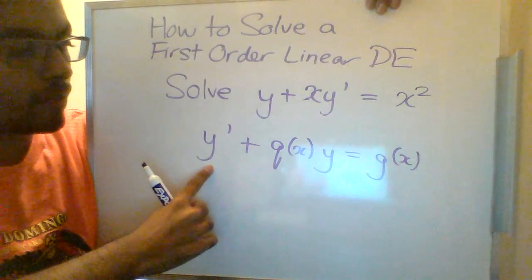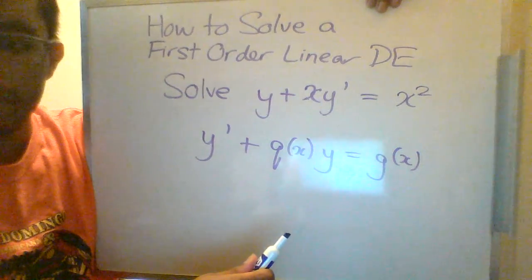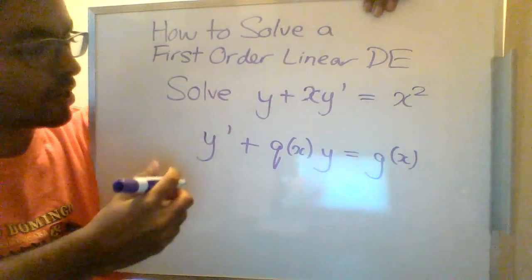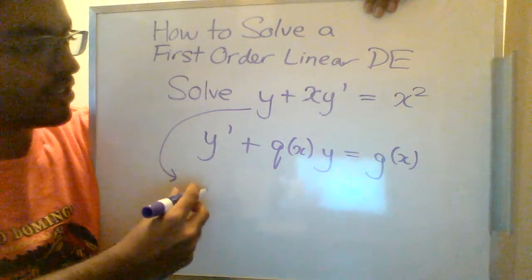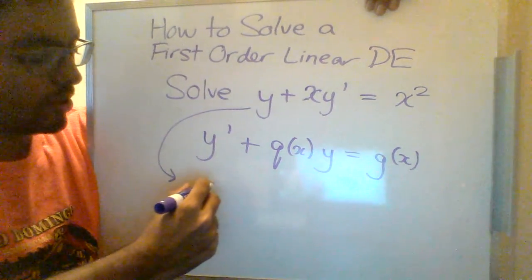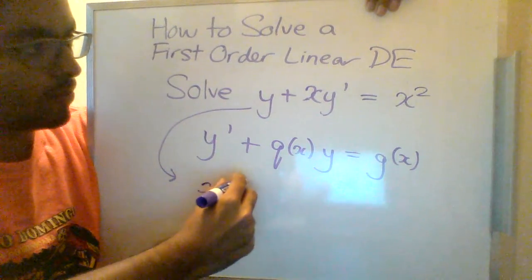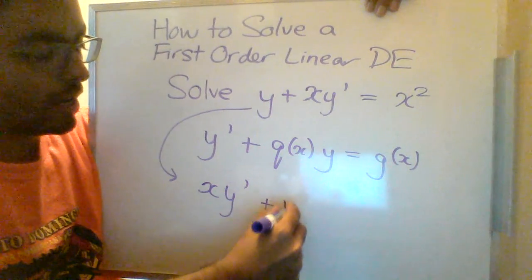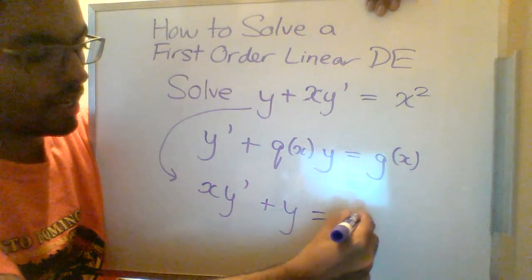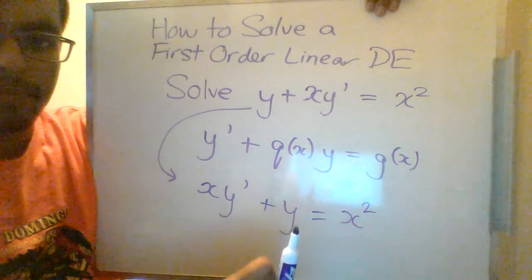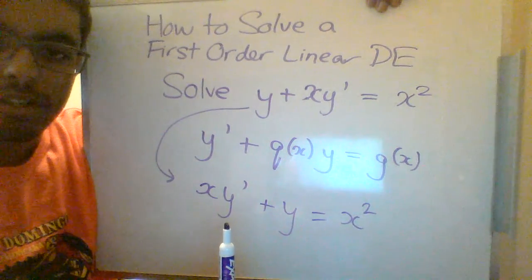It should be y prime first and then the y. So the first thing we've got to do is put this in standard form. We'll put the y prime term first. So we get x y prime plus y equals x squared. That's where we start.